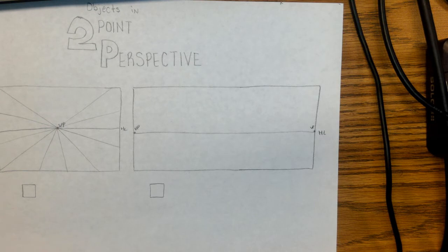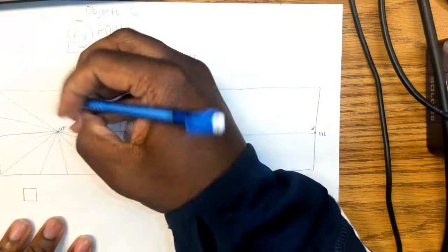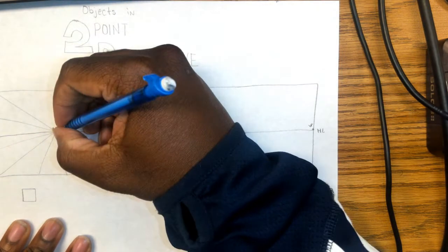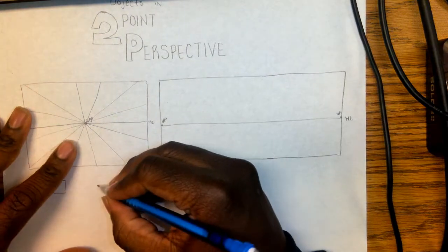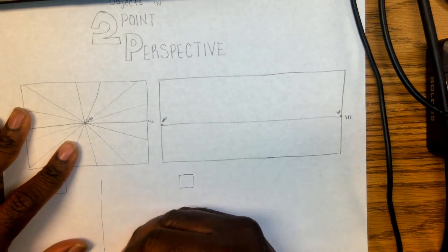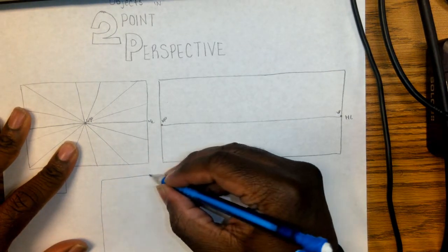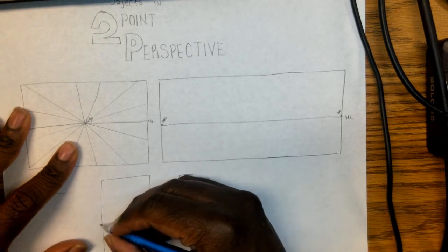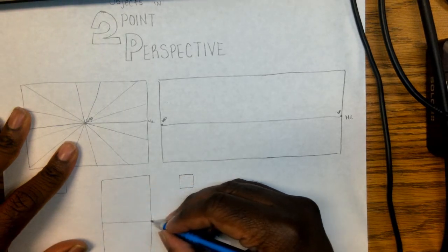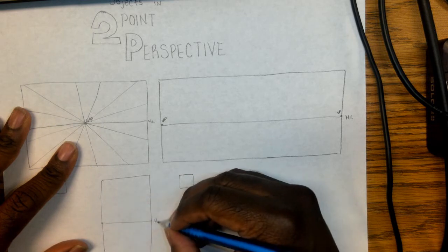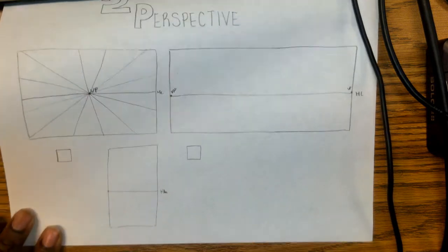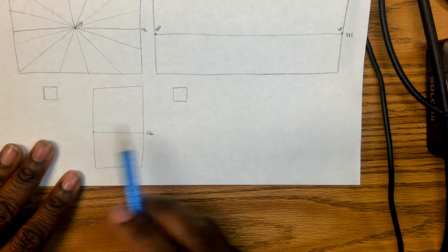Now, unlike one-point perspective, where the vanishing point really can go anywhere, and all this could easily be done in a format like so.